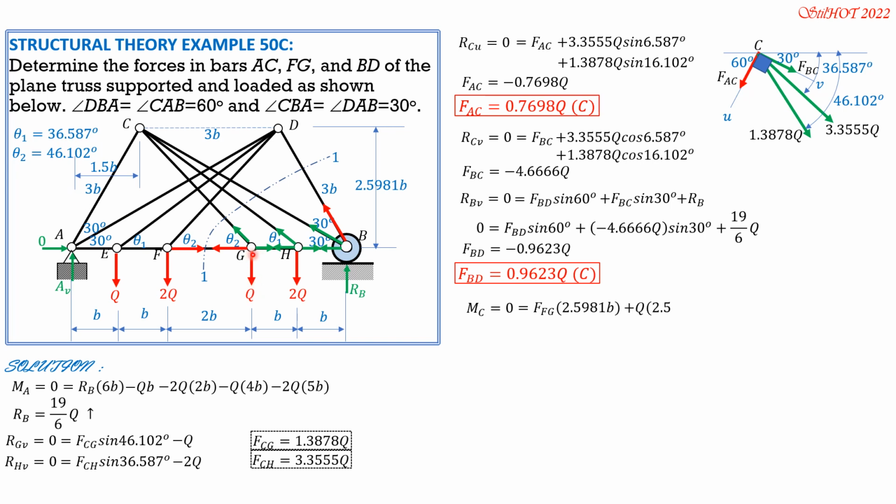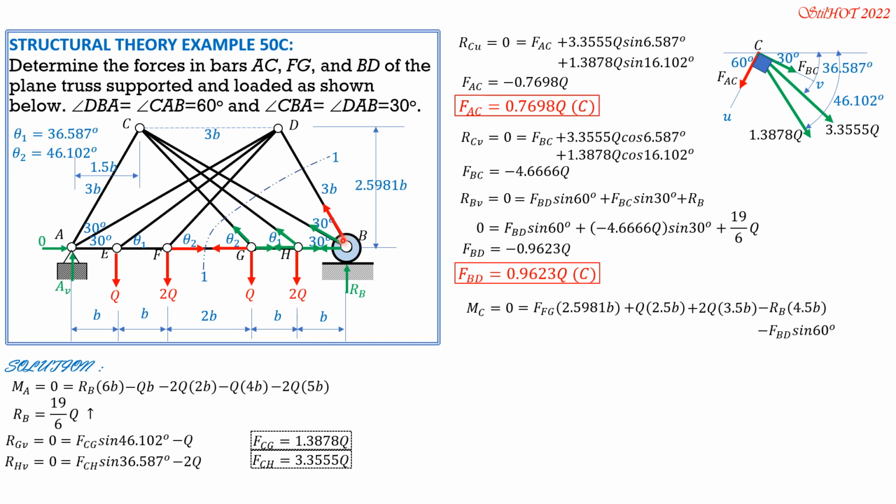Q, moment arm is 4b minus 1.5b, so 2.5b, plus Q times 2.5b, plus 2Q times 3.5b, plus b. Then minus R_B times 4.5b. Then there is one more left, F_BD.